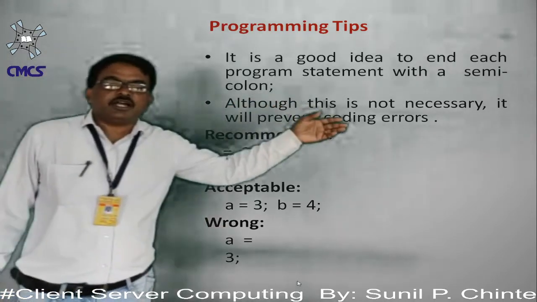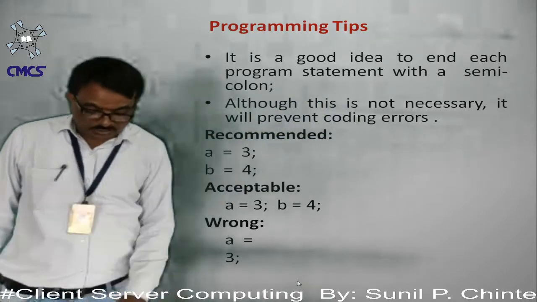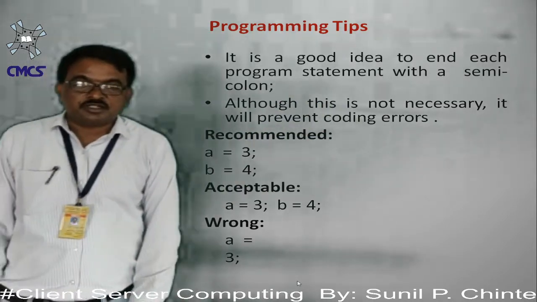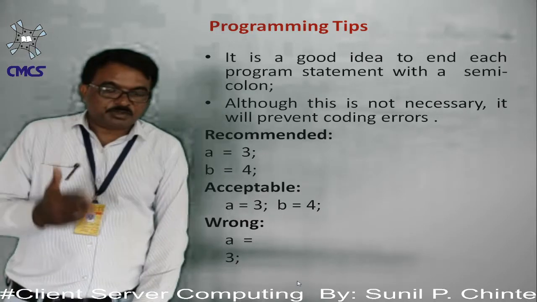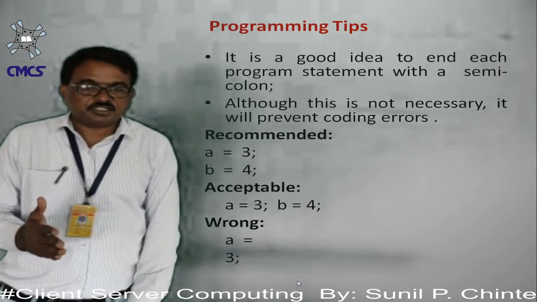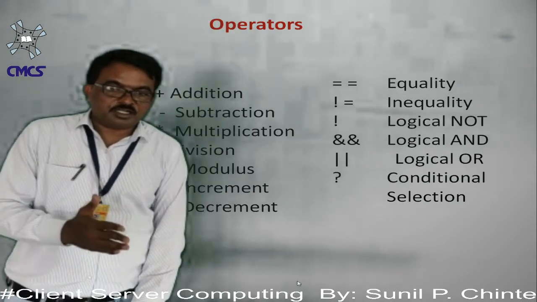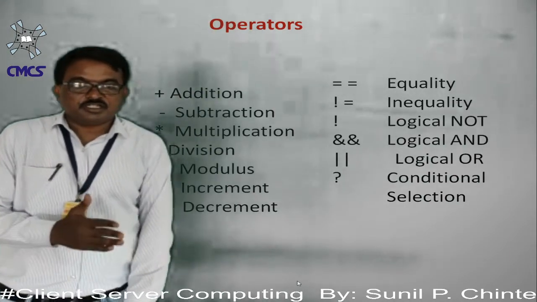It is a good idea to end each program statement with a semicolon. So these are some basic tips regarding programming: we have to terminate the statement by using semicolons.